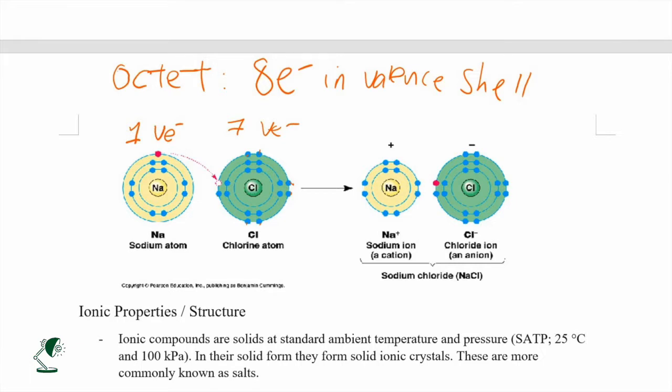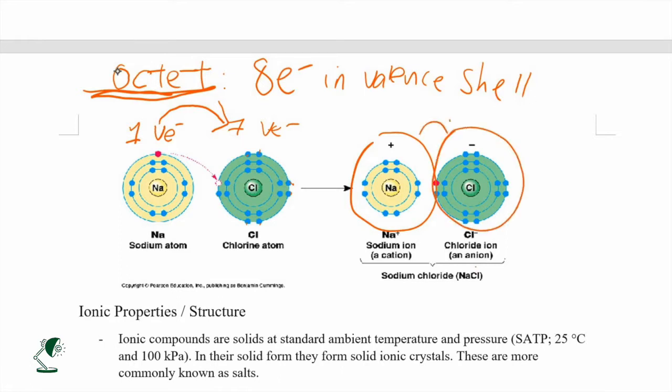In order to achieve the octet rule, to be stable and unreactive, this one valence electron of sodium will be transferred to the chlorine atom, which will make a sodium cation and a chlorine anion. And this is an example of your ionic bond.